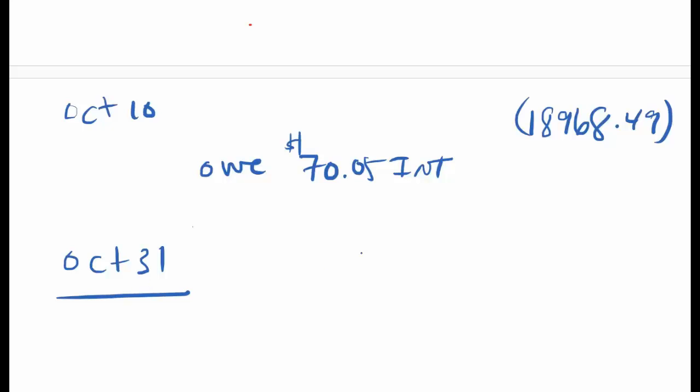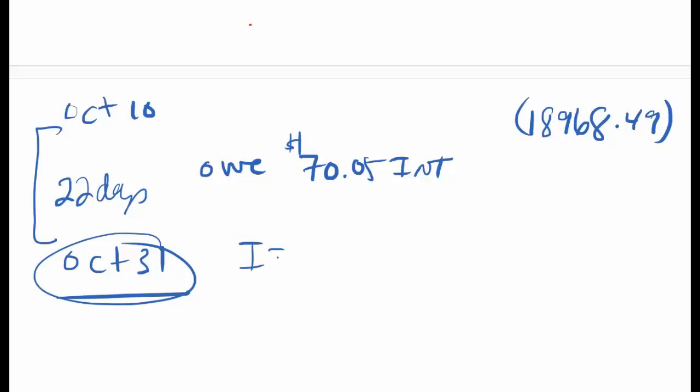On October 31st, the question says, how much interest do you owe? Well, you're going to owe the $70.05, right? Plus another 22 days of interest. So from here to here, and I include October 31st because that's the payday, and they will charge you interest on that day, any part of a day. So it's 22 days.